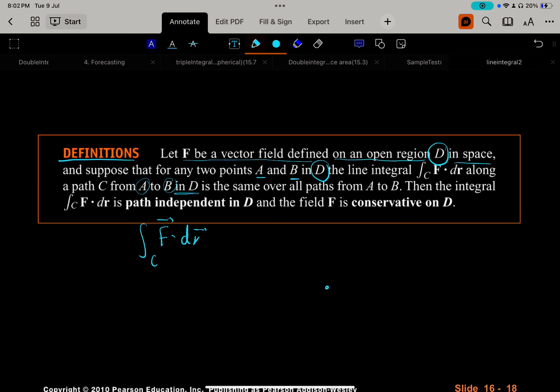So this is basically stating that if we have A and we have B, we have this path, and this one, and also this one, all of these line integrals are basically the same. They have the same value.